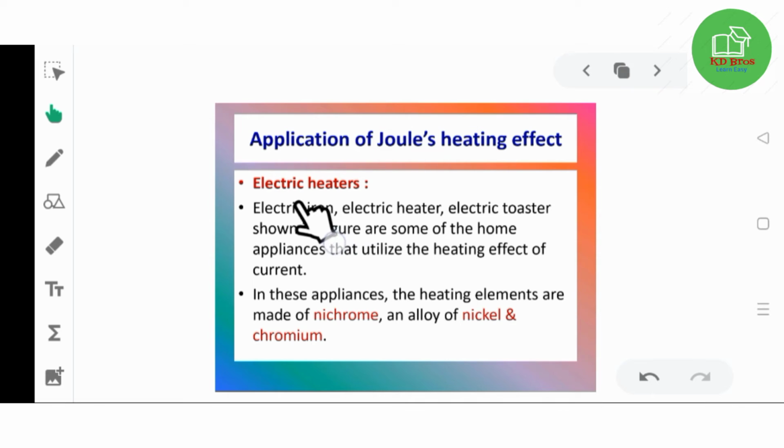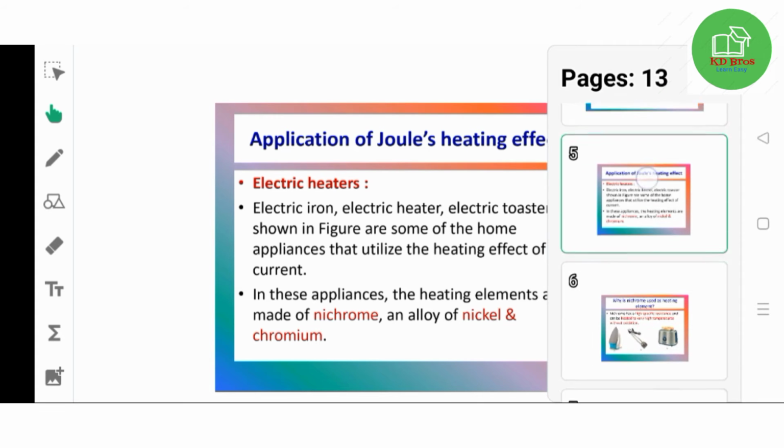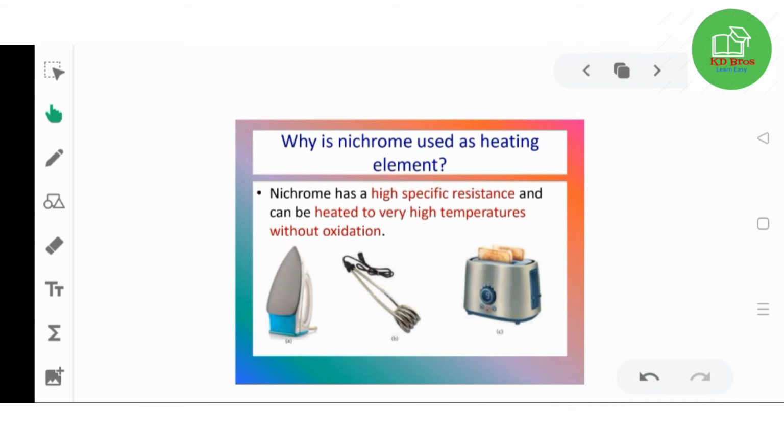Electric heaters are one of the applications of Joule's law of heating. Now, why do we use nichrome as a heating element?